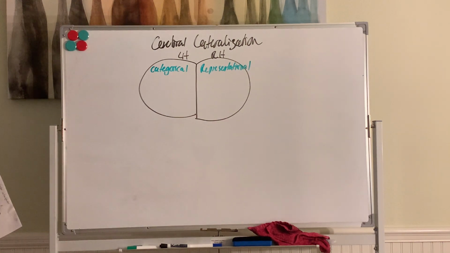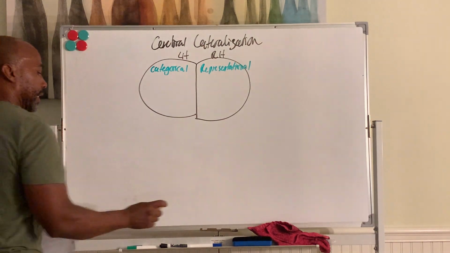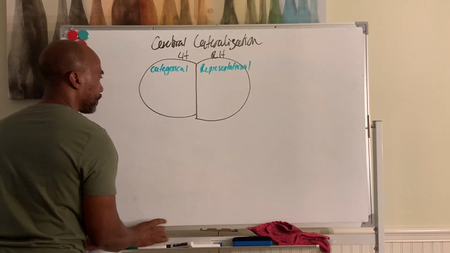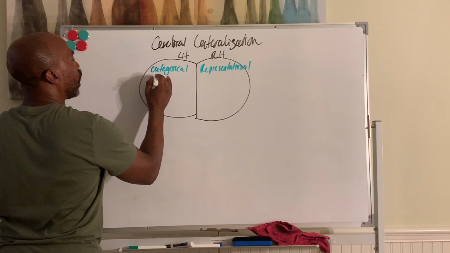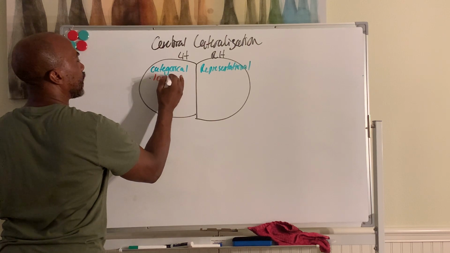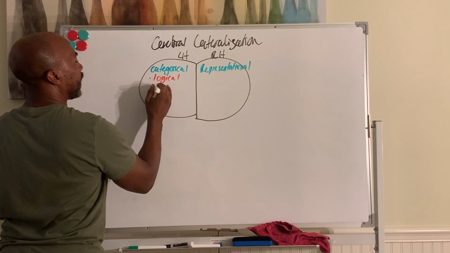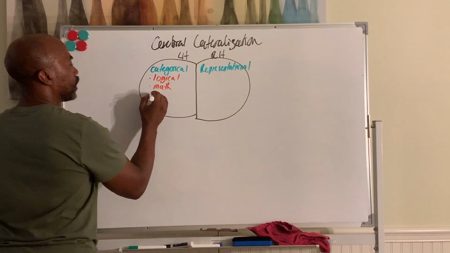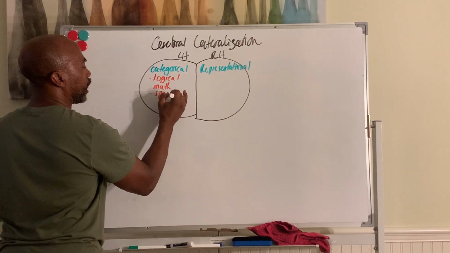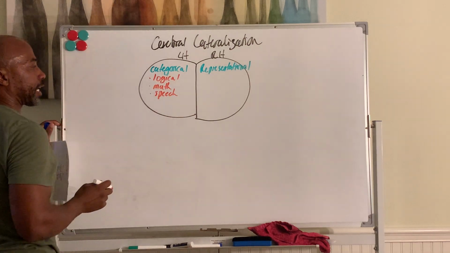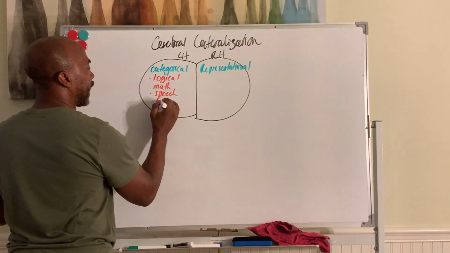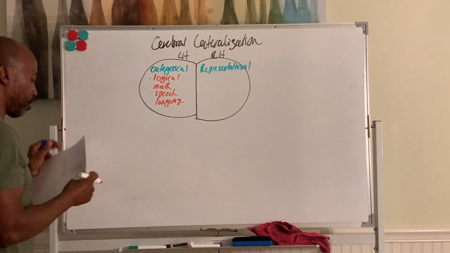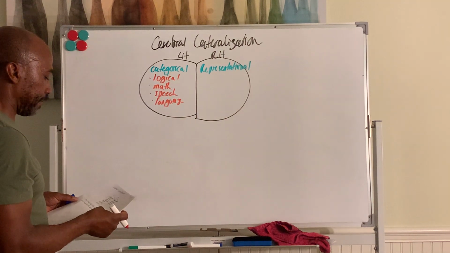All right, so the categorical hemisphere is the hemisphere that does logical things. Okay, it's your math hemisphere. It's also your speech hemisphere. You speak from this side. The categorical side is also your language side. So speak and comprehend from the categorical side, okay?